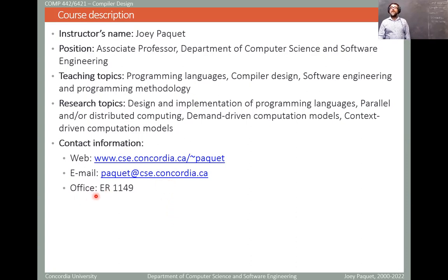My new office in the AR building is on the 11th floor, office number 49. Later on in the semester, I suppose I'm going to go back to my office, hopefully. And if you want to meet me in person, I'm going to be there. Of course, since we are online, I tend to stay at home as much as possible.